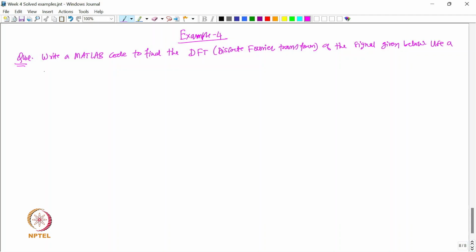Use a record length of 1 second and a sampling frequency of 30 hertz.